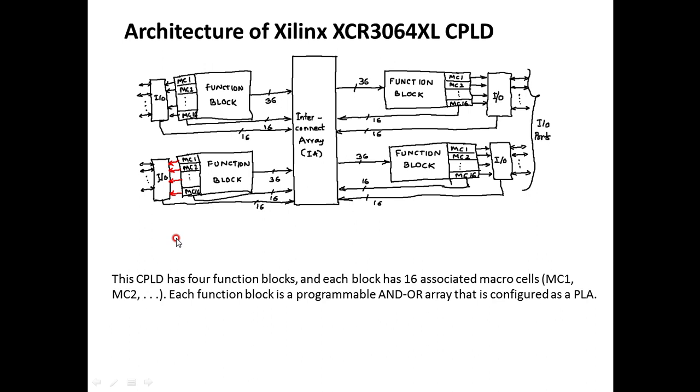With the help of AND array, it can implement sum of product terms, and then with OR array it can implement the functions, and that output can be passed through macro cell through IO block to IO pin, the external world. Data can be received from the external world through IO pin, IO block, and then it can be connected to interconnect array. From interconnect array it will go to a function block, like that.